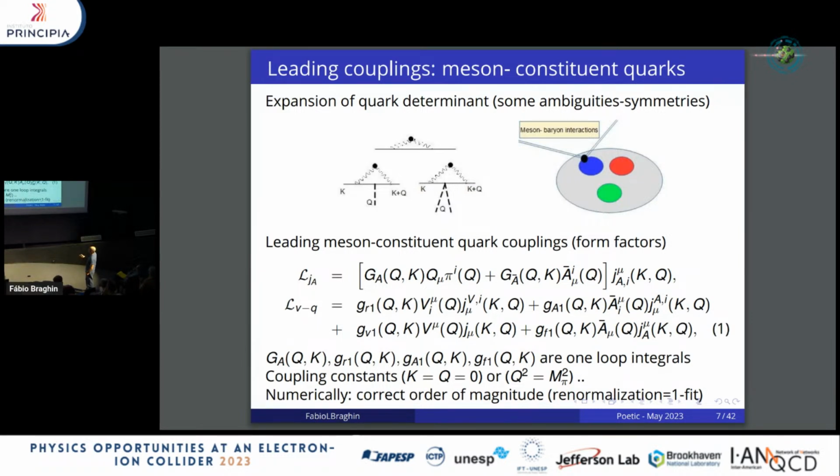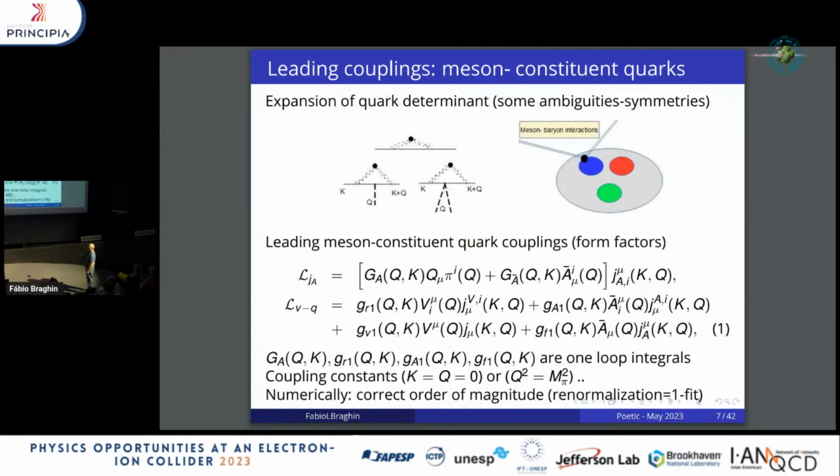So we have this sort of calculation, this for a constituent quark current, and this for the coupling of a meson to this constituent quark current. Sometimes there appears some two meson coupling to this constituent quark current. And then usually we choose a point of these form factors to calculate a coupling constant. Usually there are these two possibilities.